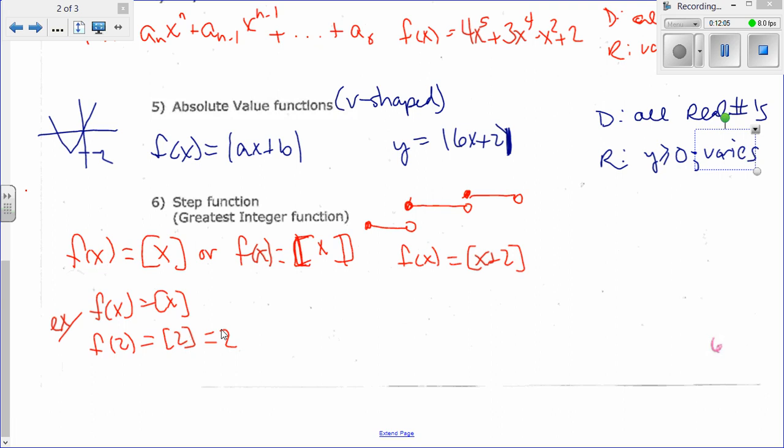If I put in 2 and 1/3, 2 and 1/3 is 2.333 repeating.